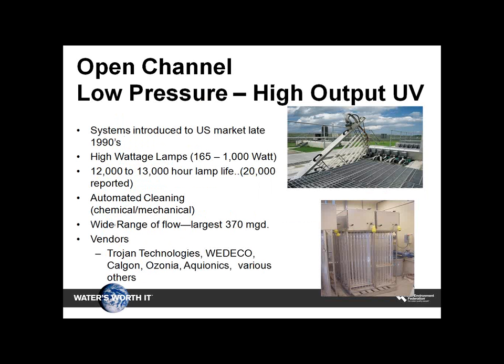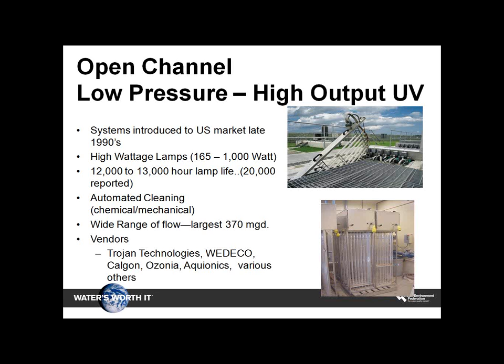So the outcome, because the systems became very large, was to move towards the low-pressure, high-output systems, which emerged on the market in the 1990s. You can see that they're very, very large because it's based on wattage, so 165 watt and 1,000 watts. So there's a very large group of lamps that make up this sector of the UV market.